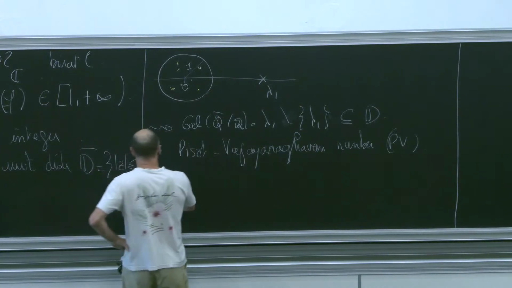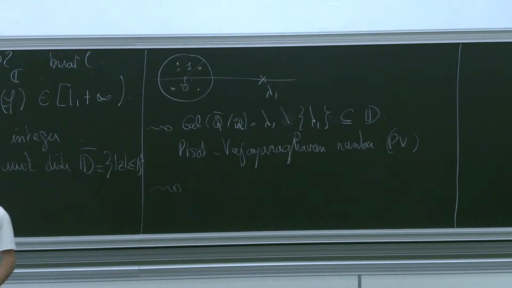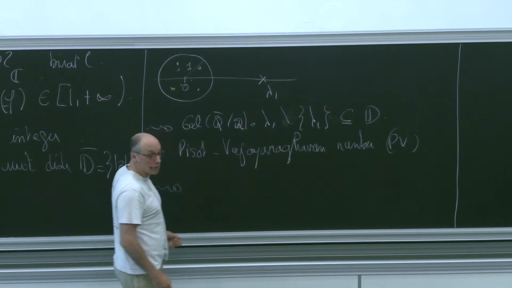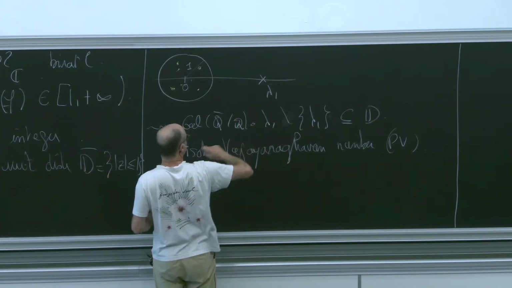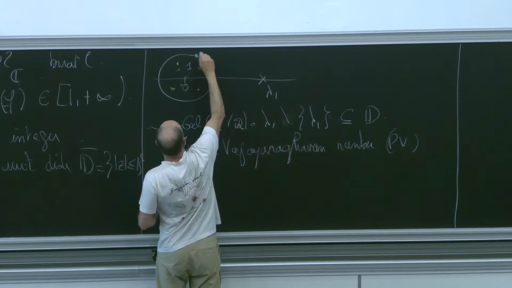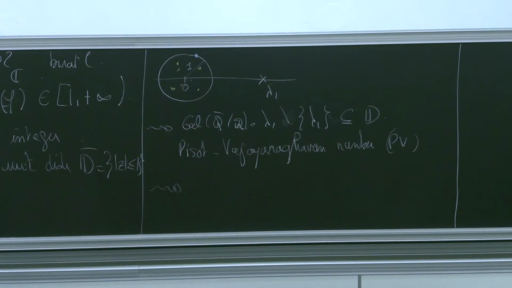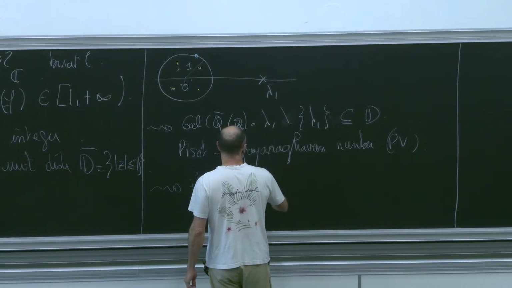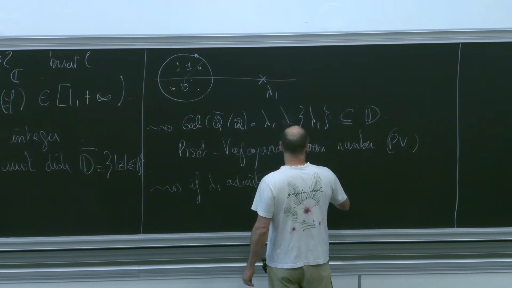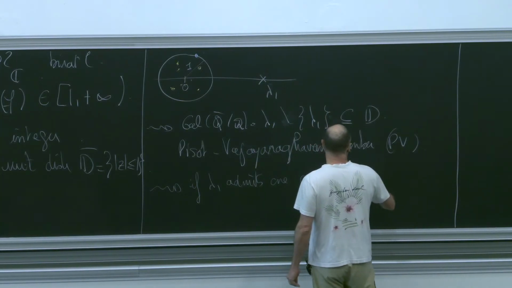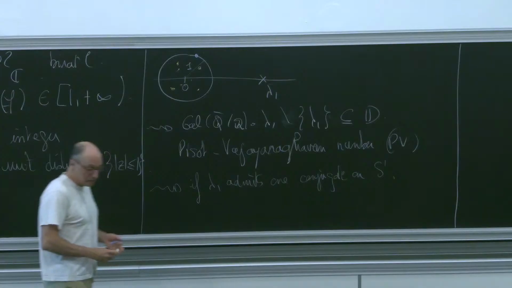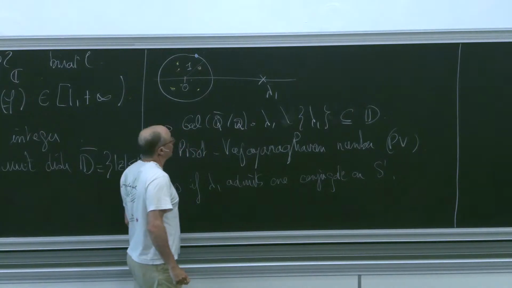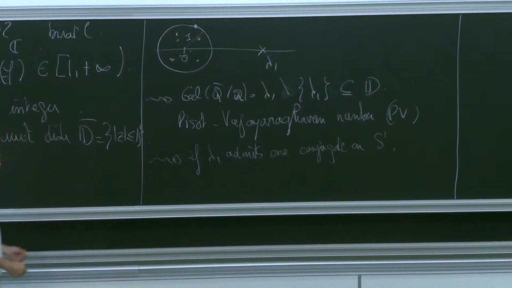Then you have a second case. For instance, if lambda 1 is a quadratic integer, then its conjugate is 1 over lambda 1. Okay. So it's a Pisot-Vijayaraghavan number. And then maybe you have one of the conjugates that is on the unit circle. So if lambda 1 admits one conjugate on the unit circle, then you can play around, and what you show is that the minimal polynomial of lambda 1 is in fact reciprocal.